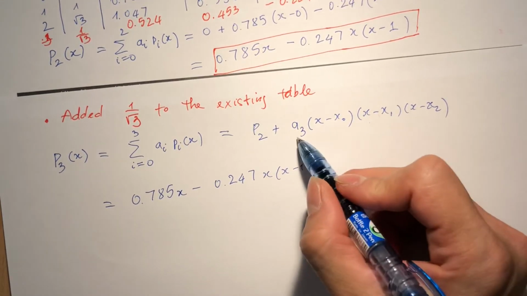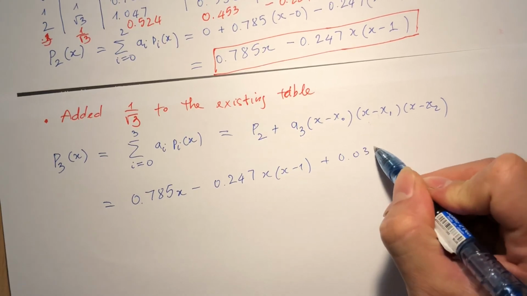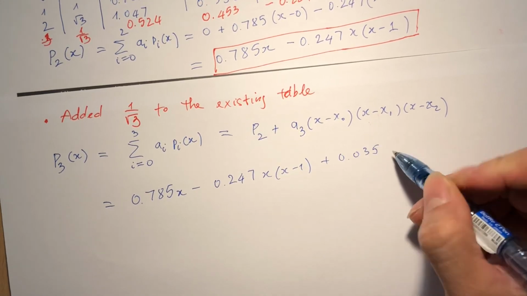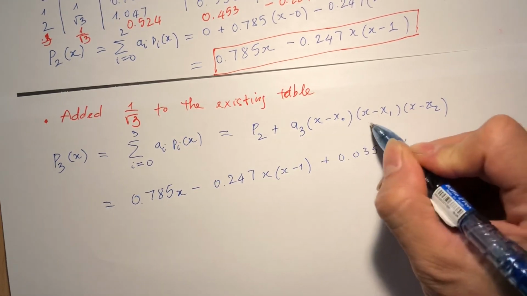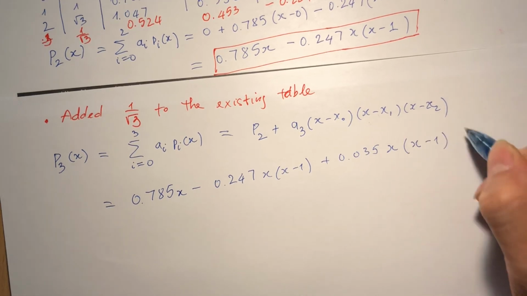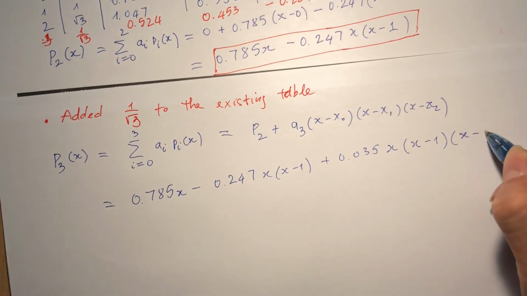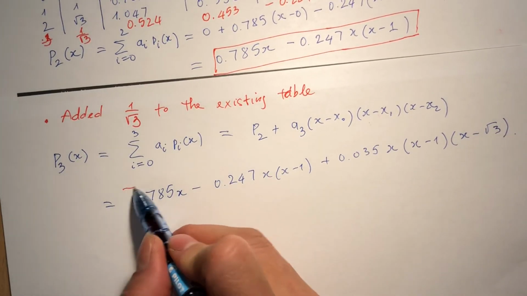Now a3 is plus 0.035, times (x minus x0), which is x, (x minus x1), which is x minus 1, and (x minus x2), which is x minus √3. Right. So this is the answer for P3.